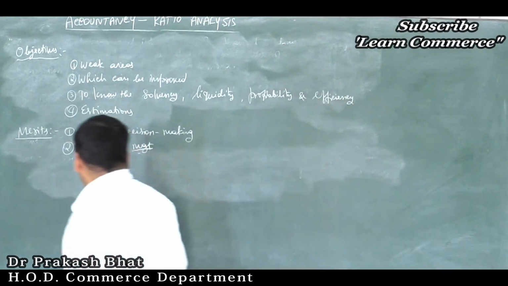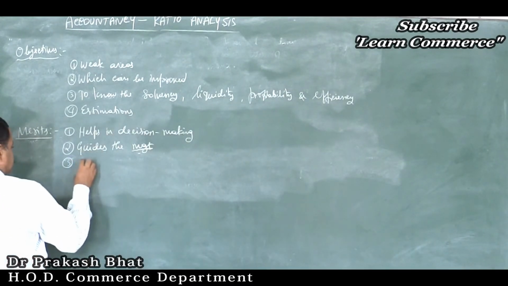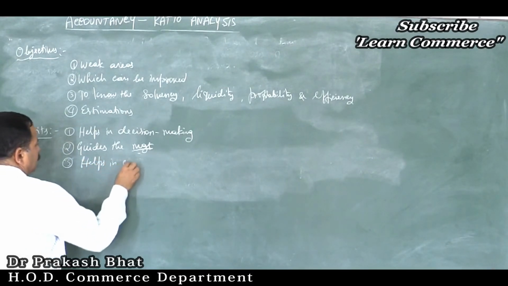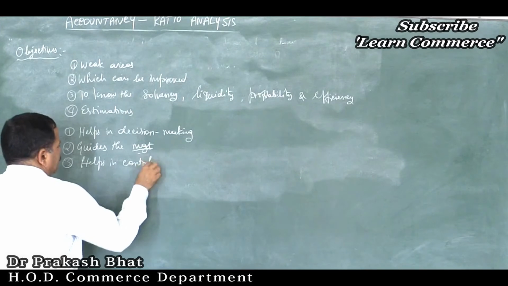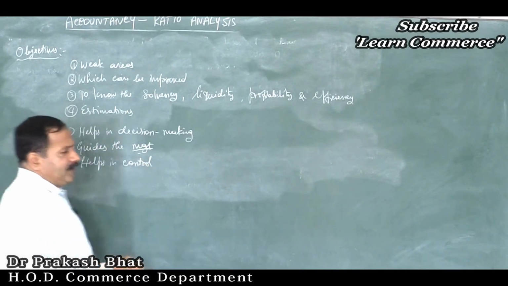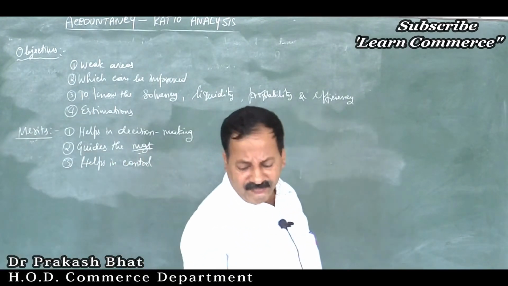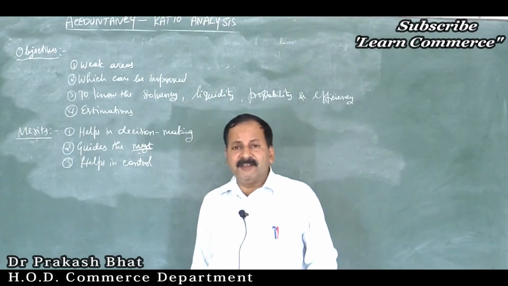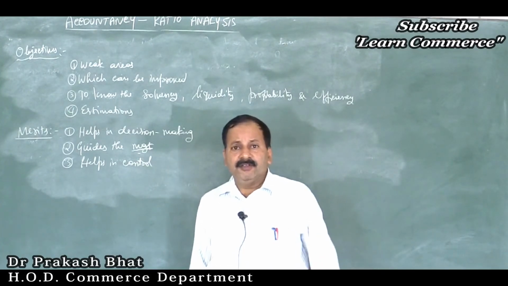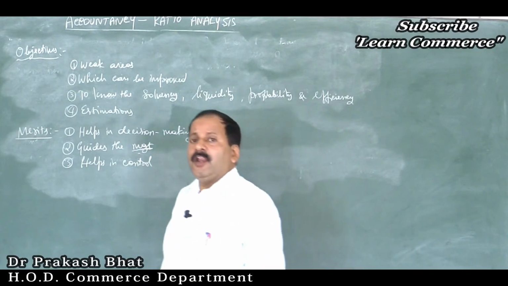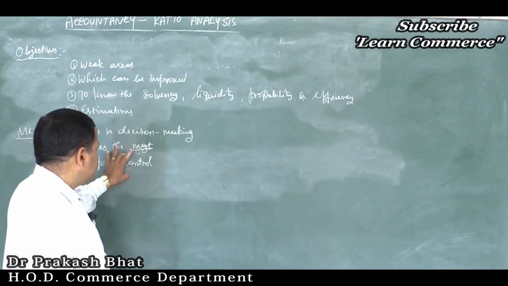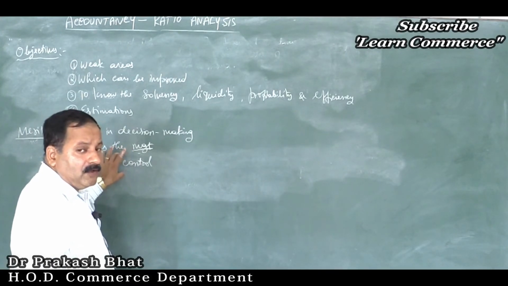Helps in control. When we take up different ratios, we will come to know which expense head should be controlled. If there is more expense for a particular head, or one department is spending a lot, then we have to put some controlling measures on that department.